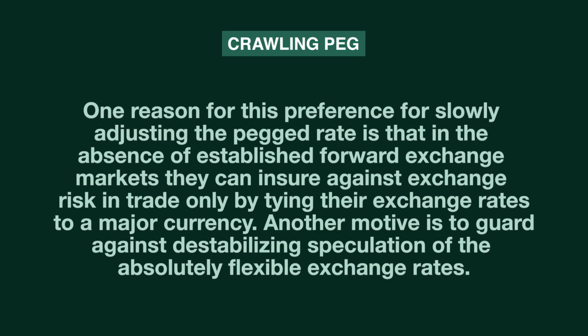One reason for this preference for slowly adjusting the pegged rate is that in the absence of established forward exchange rate markets, they can insure against exchange risk in trade only by tying their exchange rates to a major currency. Another motive is to guard against destabilizing speculation of the absolutely flexible exchange rates.